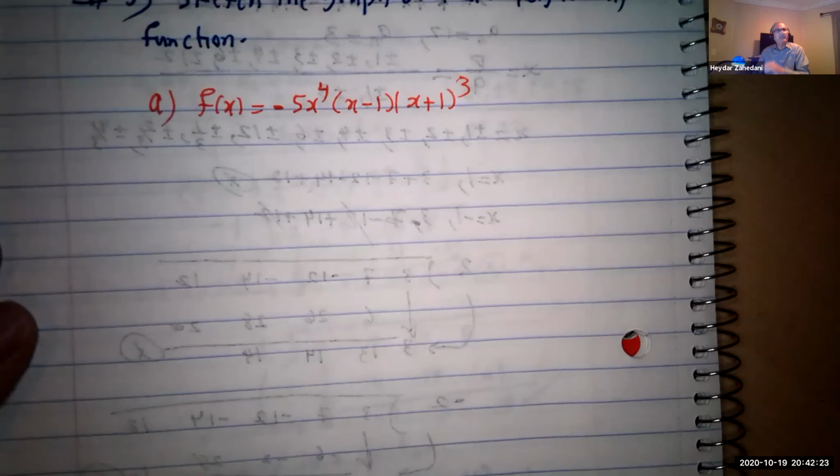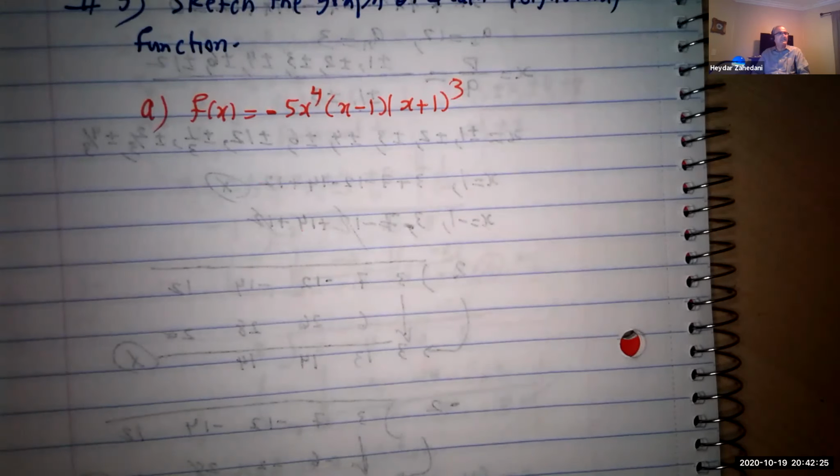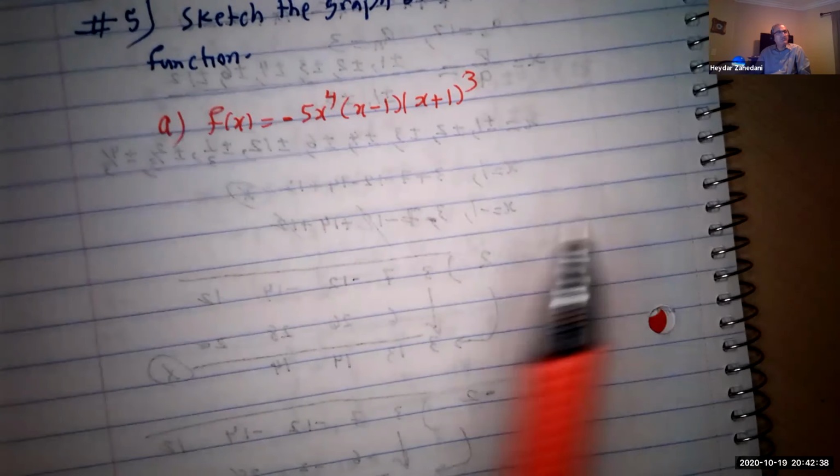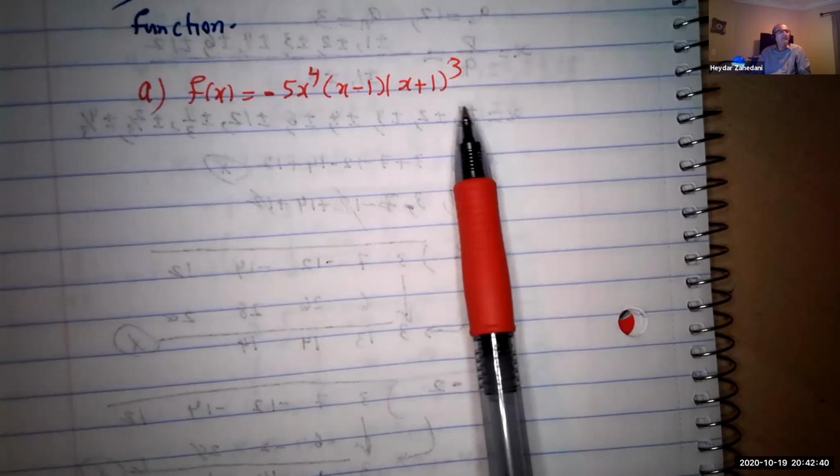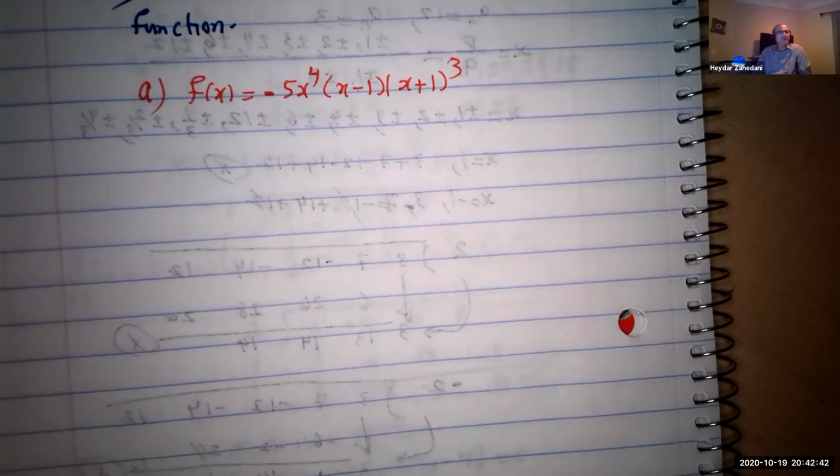Remember, to graph a polynomial function, it's 2 steps, and you have to write it down for us. One of them is the end behavior, when x goes to positive infinity, negative infinity, and the other one is going to be intercepts. For the intercepts, you let each factor equal to 0. And then we talk about it. The graph of the function can touch the x-intercepts or can cross.